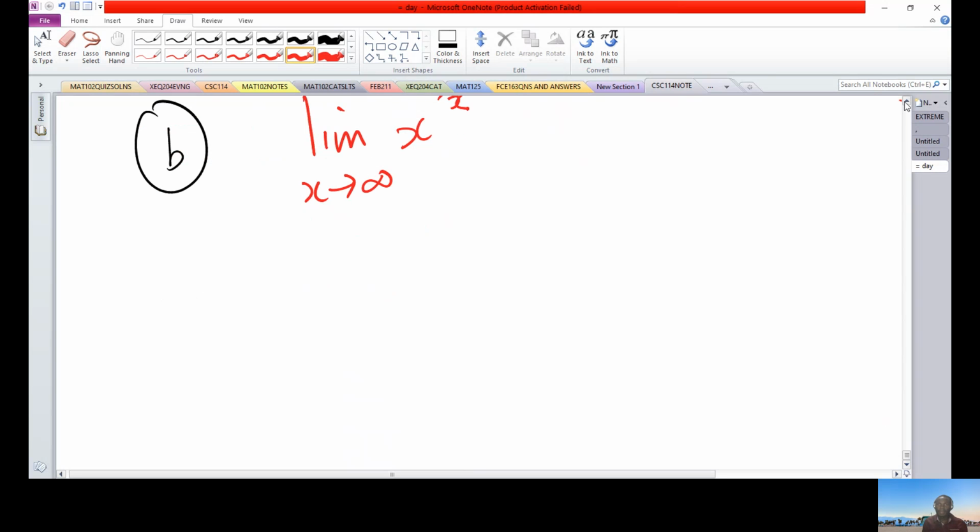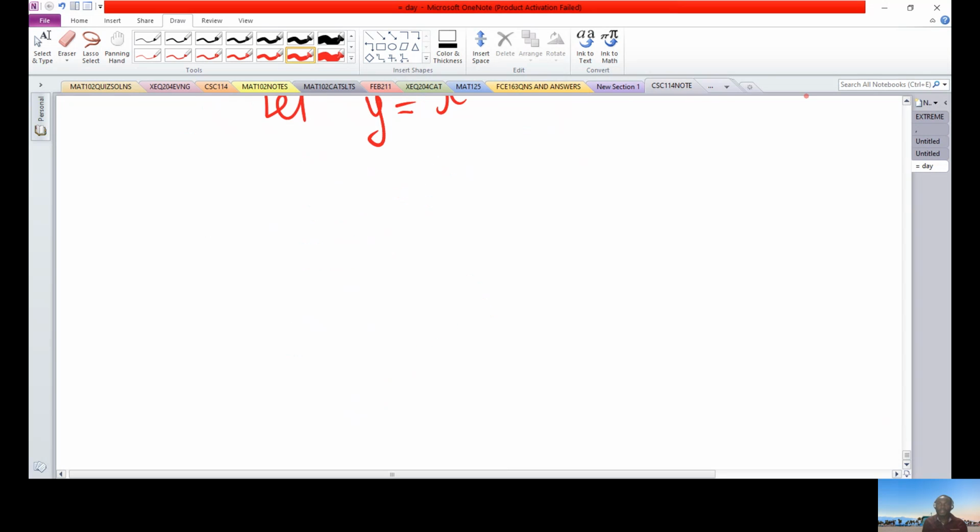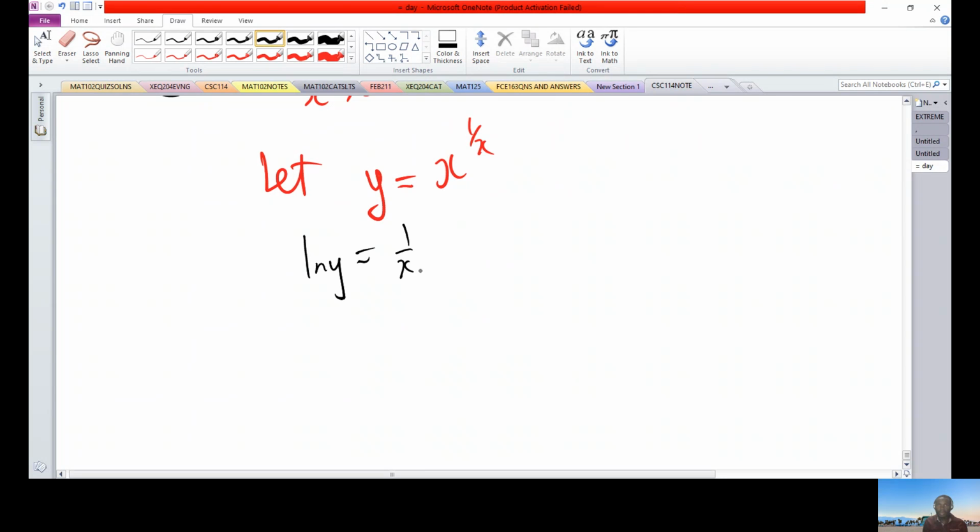So here clearly, let y be x raised to the power 1 over x, and then using ln, we have ln of y equals 1 over x ln of x. Therefore you apply the exponential on every side of this equation, and this, remember, gives you the same as y.